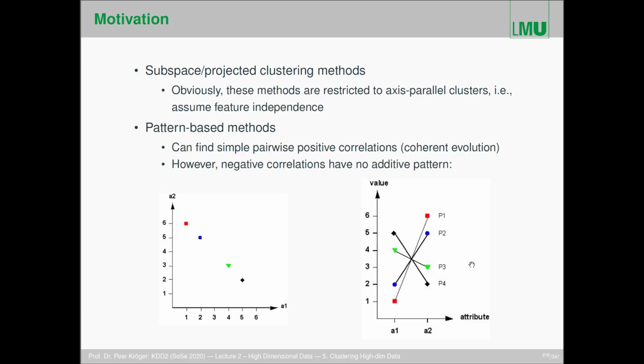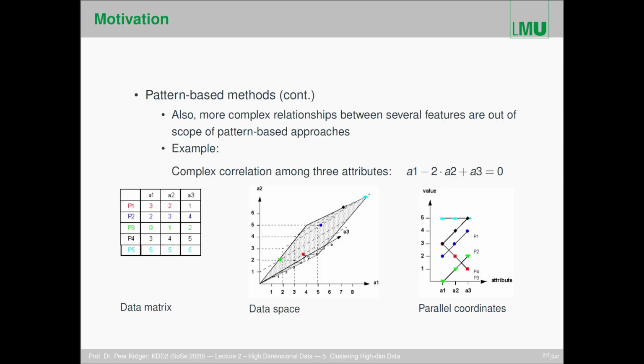So the pattern-based methods, especially those that look for coherent evolutions, are able to find pairwise positive correlations, but only those. There are many more correlations that may happen. There may be pairwise negative correlations like this one here, and in addition there may be much more complex relationships between more than two features.